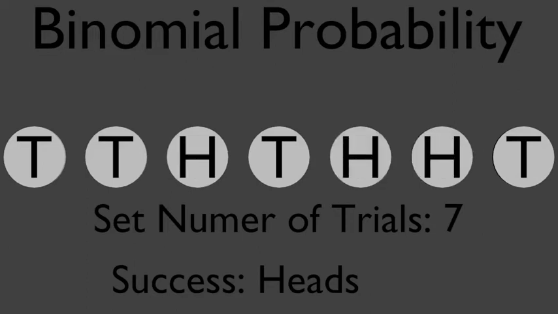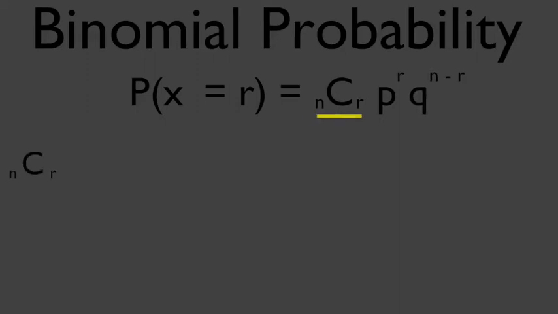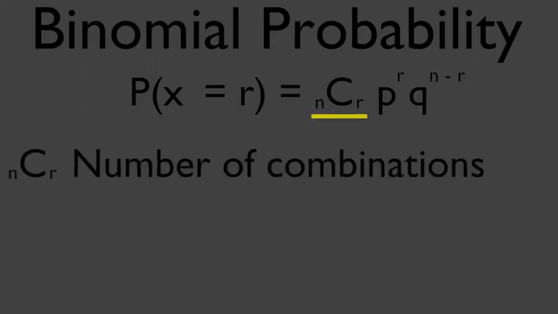The equation to compute the binomial probability of an event happening is P(X = R) = NCR times P to the R times Q to the N minus R. NCR is the number of combinations that we can get, or all the different combinations that we could get while doing this experiment.